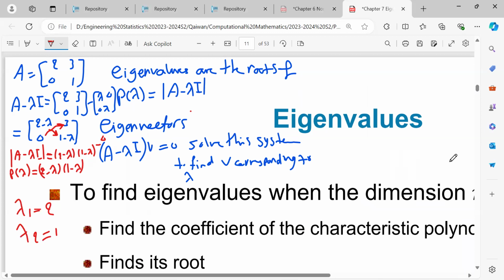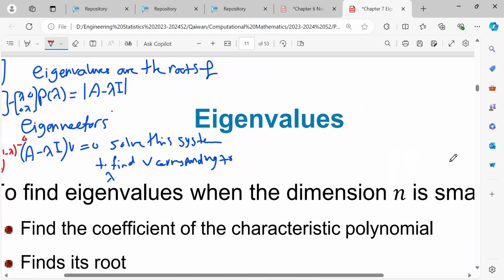Here we have both eigenvalues. We got the eigenvalues. Now, we need to find an eigenvector for each of these two eigenvalues. What we do, we need to solve this linear system. We say A minus lambda I times V equals 0.